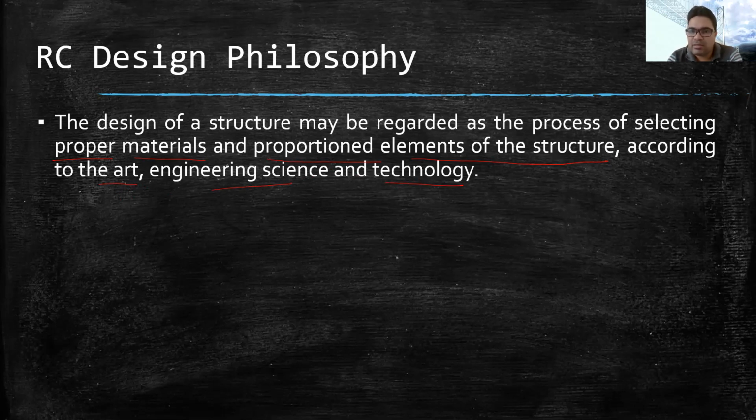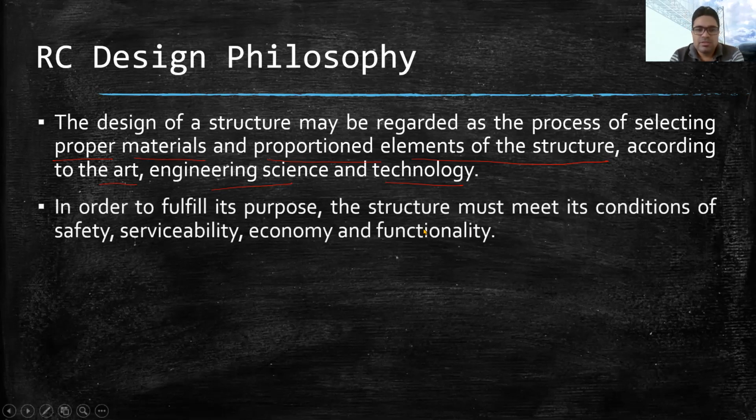We can have the process of selecting proper materials, through which we can classify the materials in different categories. Based on the performance, we can select those materials. And we do that in order to fulfill its purpose. The structure must meet its conditions of safety, serviceability, economy, and functionality. These are the aspects that we try to cover in our structural design.